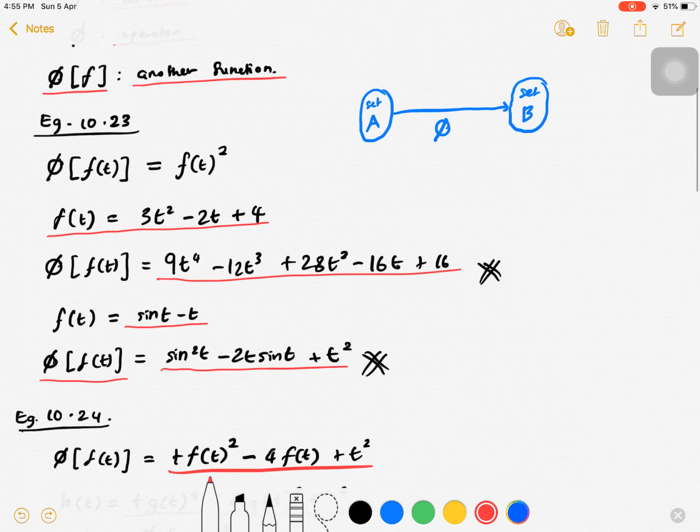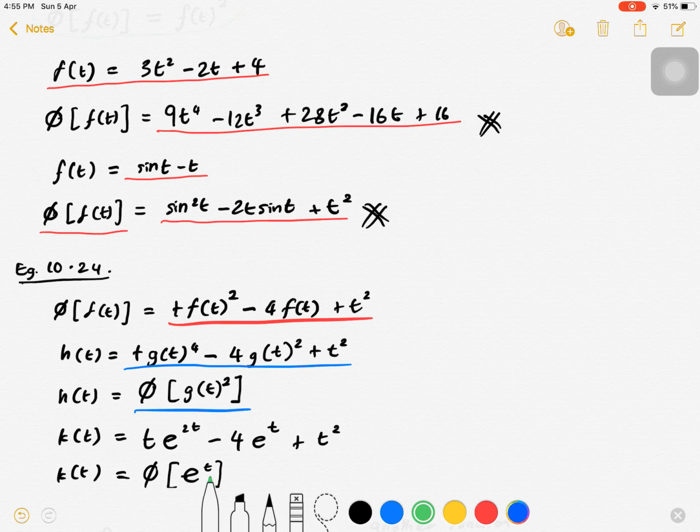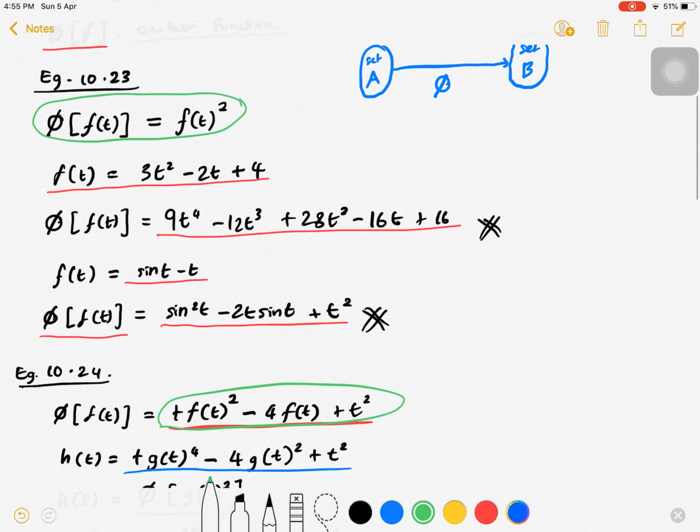Okay, if you look here, this one is quite a simple operator, but the one right here is more complex. Do you see the difference?